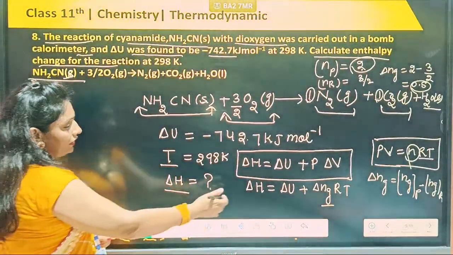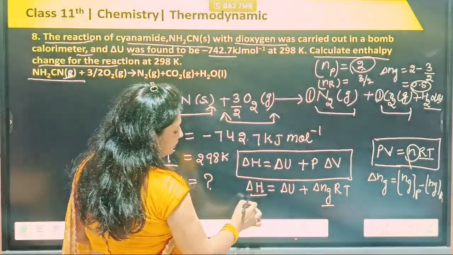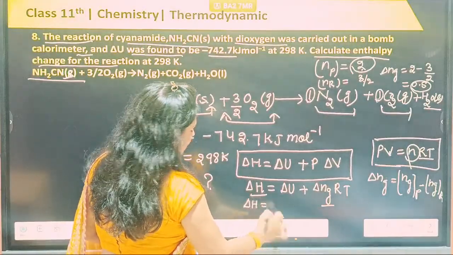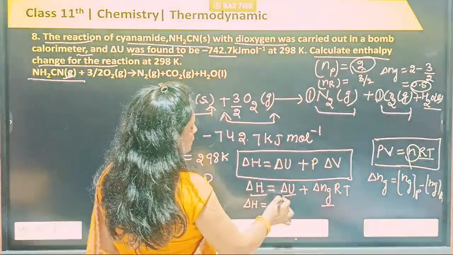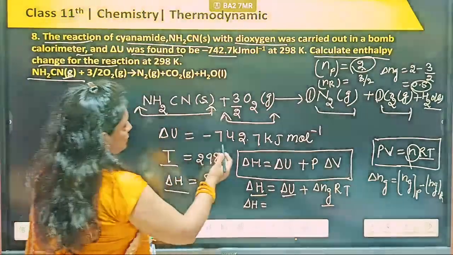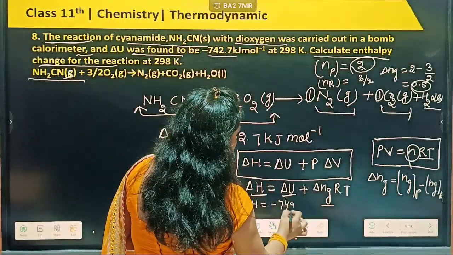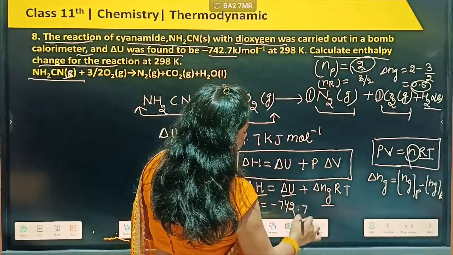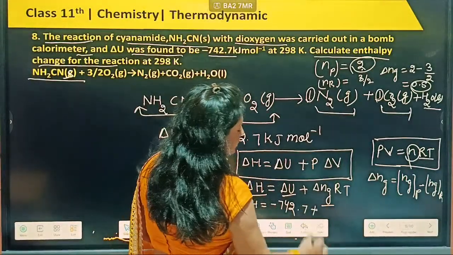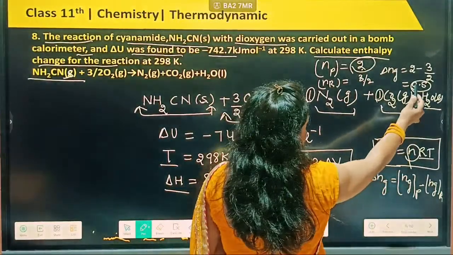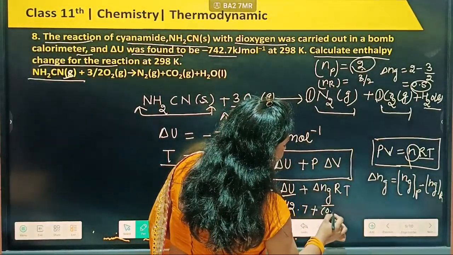Then student, you can put values here. Del H, you will calculate. Del U, this value is given to you. This is minus 742.7 plus value of Ng is 0.5.